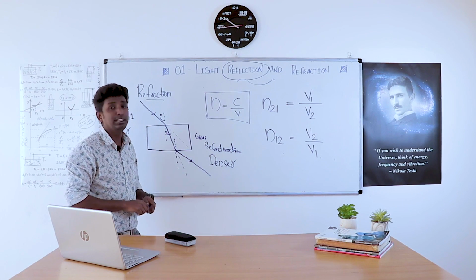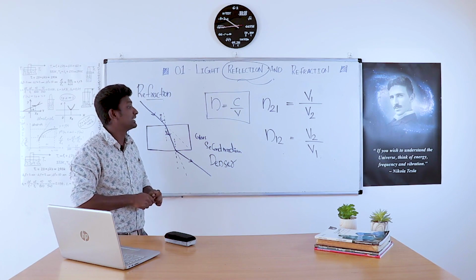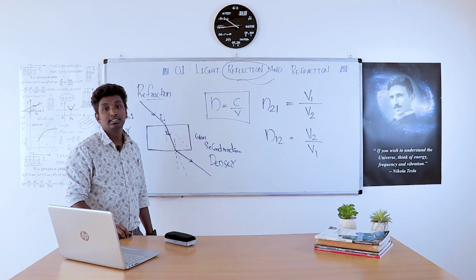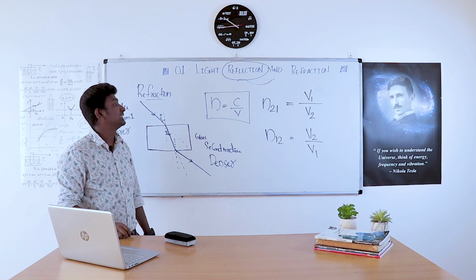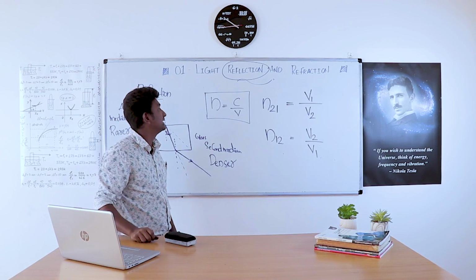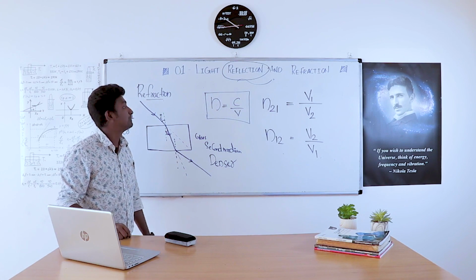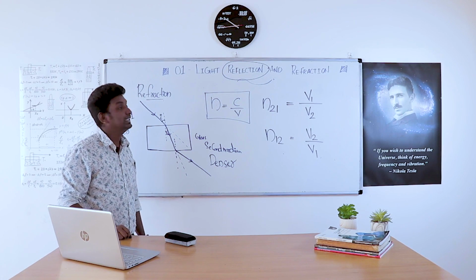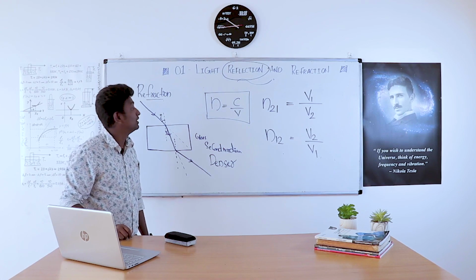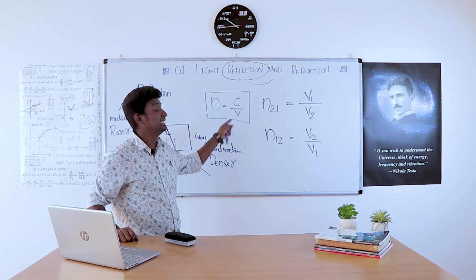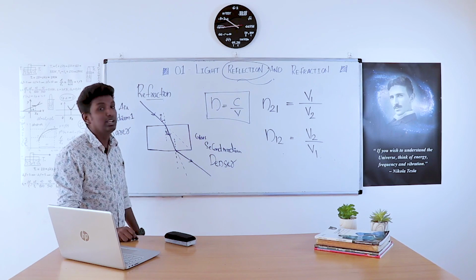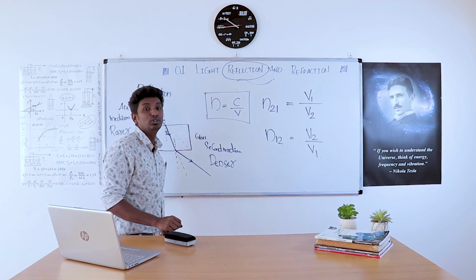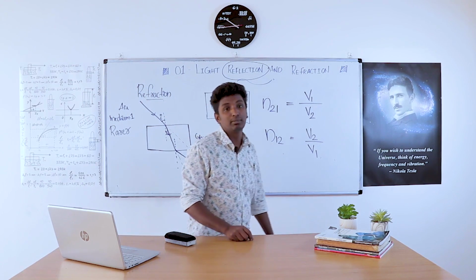If the first medium is air, then the refractive index is known as absolute refractive index. That is N is equal to C by V, where C is the velocity of light in vacuum having value 3 into 10 raised to 8 meter per second.